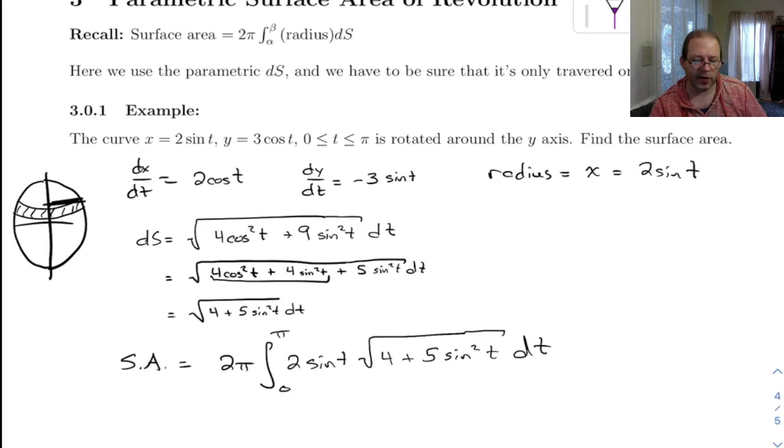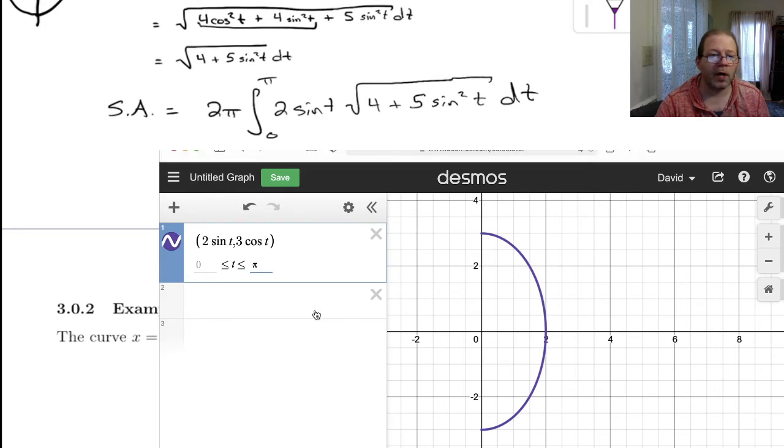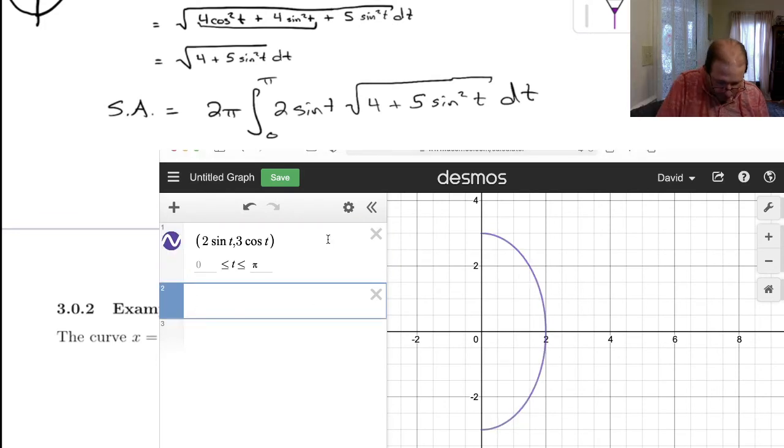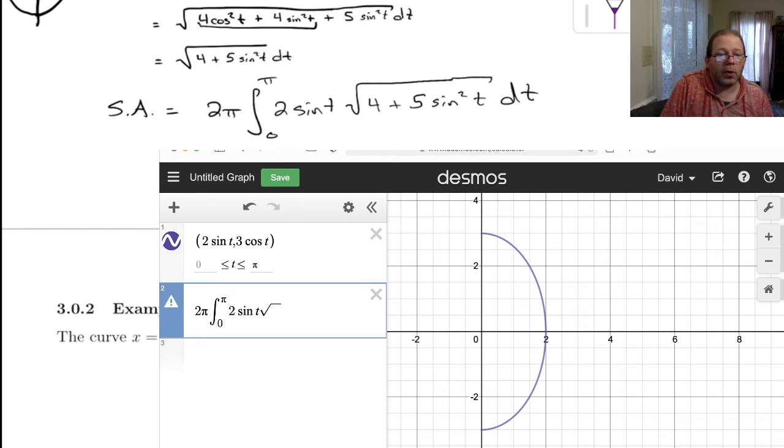Let's just plug this into Desmos and figure out the surface area. I'm going to put this in: 2 pi integral from 0 to pi of 2 sine t square root of 4 plus 5 sine squared t dt.